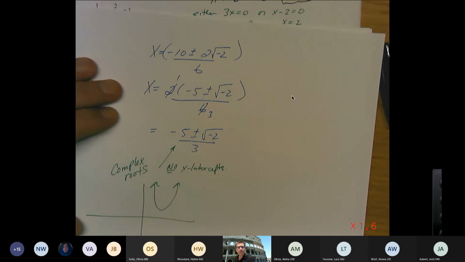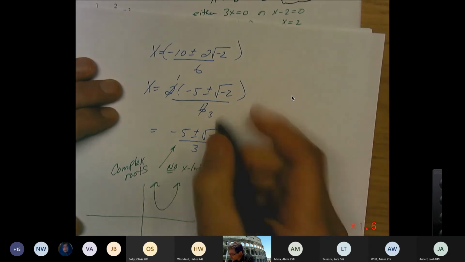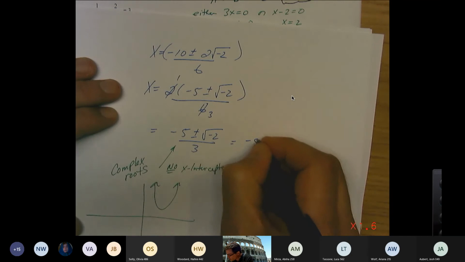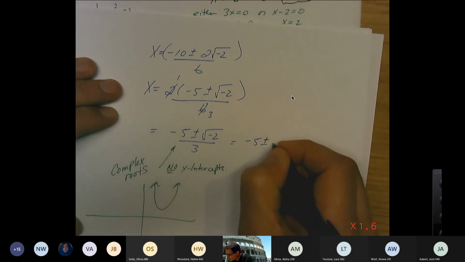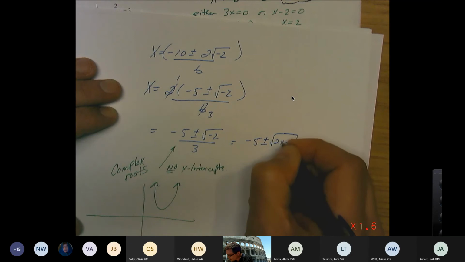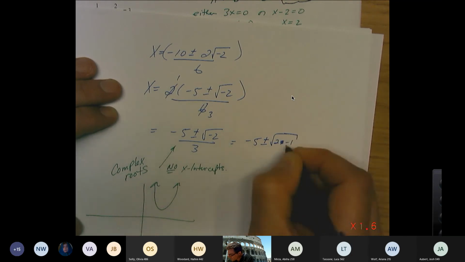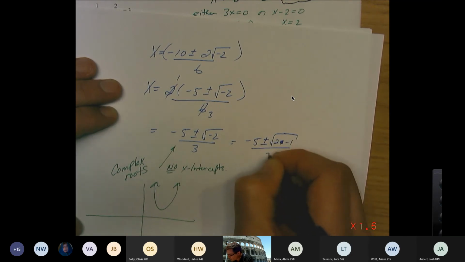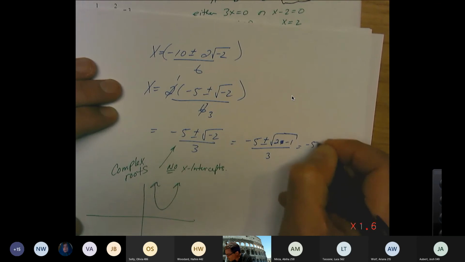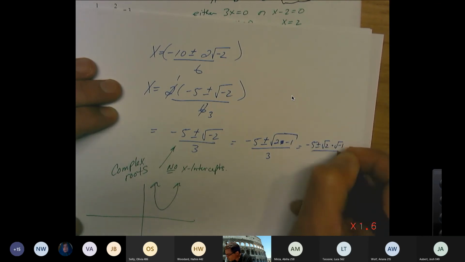That means something. And the other way you could write this, if you wanted to impress the girls, would be, so this would be 2 times negative 1, that's a times, over top of 3. So that becomes negative 5 plus or minus root 2 times root negative 1 over 3.